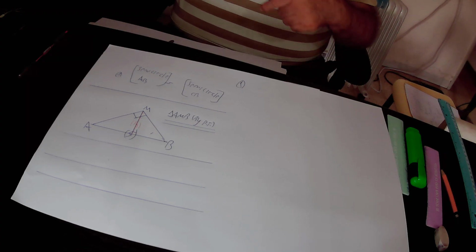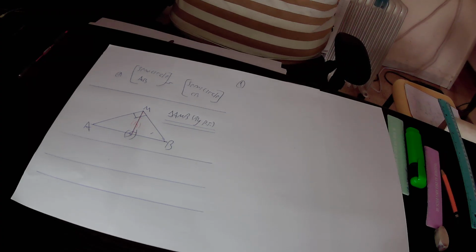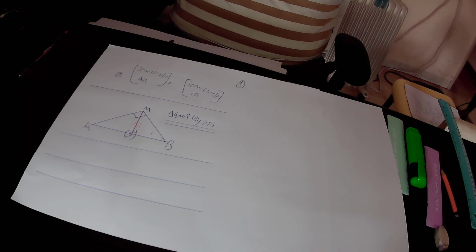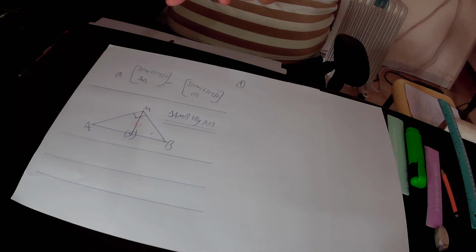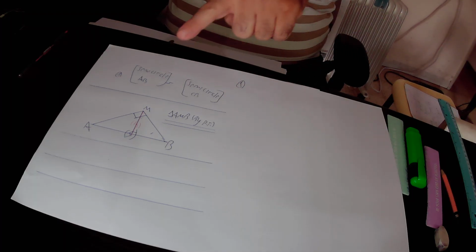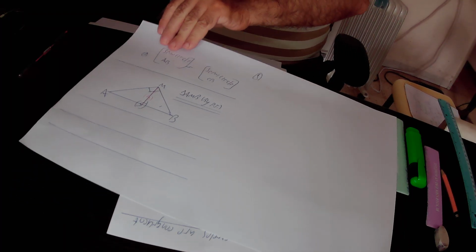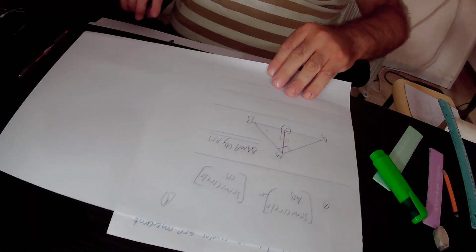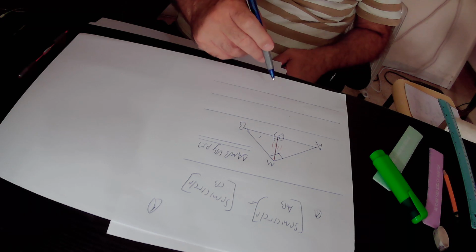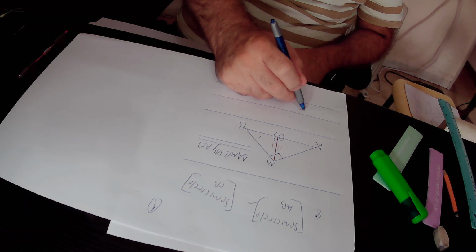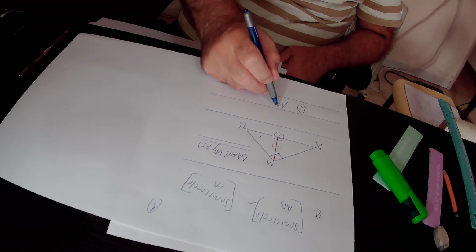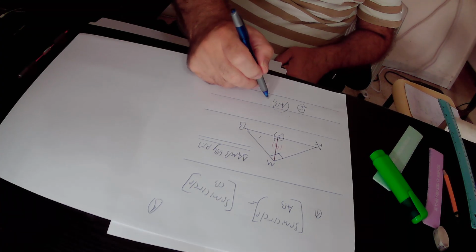So the area of this triangle AMB, according to the first method of calculation, equals the base AB times the height H over 2.